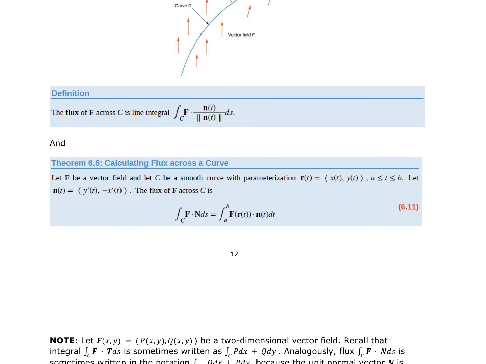And what we end up with is the way that we define flux is going to be my F with my parameterization of R, as we normally expect, and then my normal, which, if you remember, the tangential vector would have been the partial derivatives with respect to x and y, and then the normal must be the partial derivatives with respect to not x and y, but the positions will be switched, and one of them will own a negative. By convention, we usually have the negative on the second one, but it doesn't really matter.